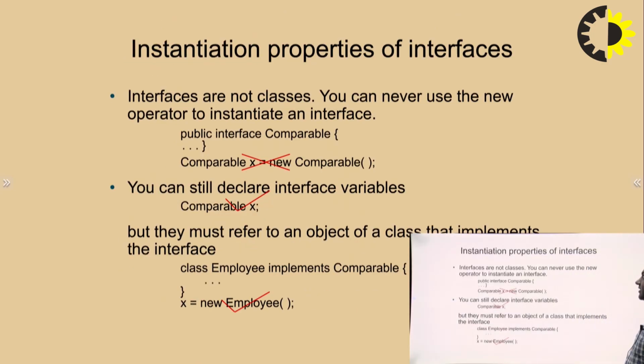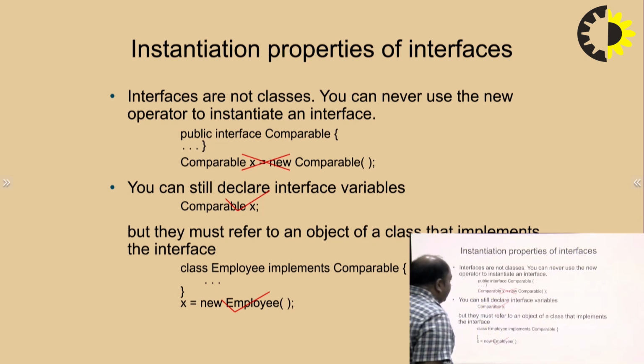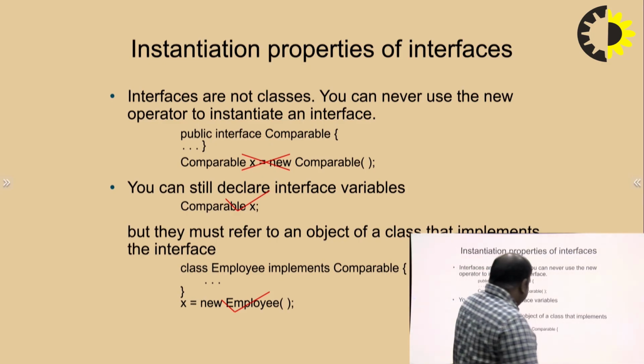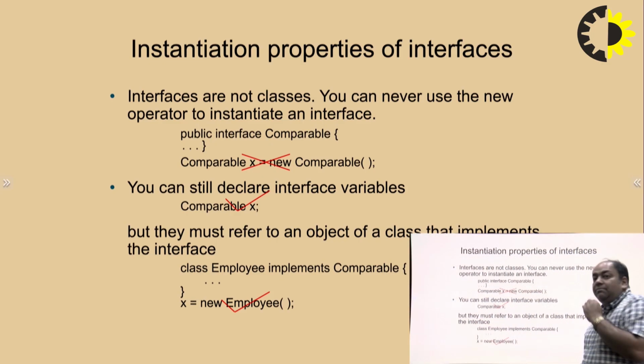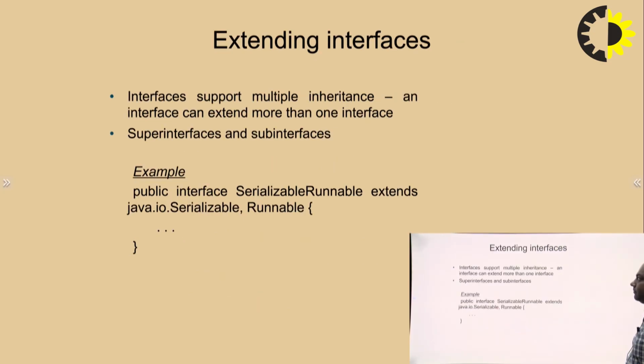What about the instantiation properties of interface? Interfaces are not classes, so they cannot be instantiated in this way. Interface variables can be declared simply with the data types and defined by their value. They can be referred to, but cannot be instantiated using the new operator.